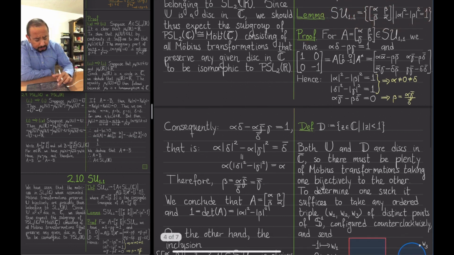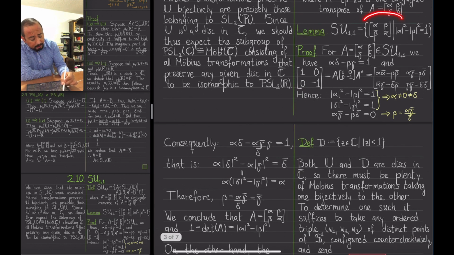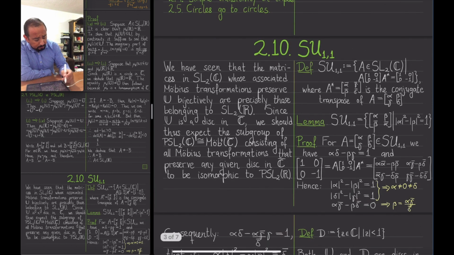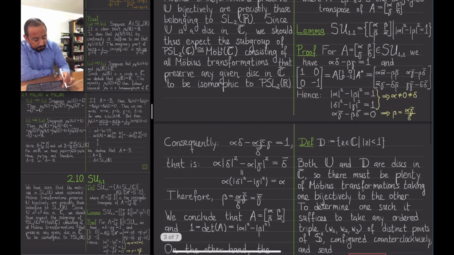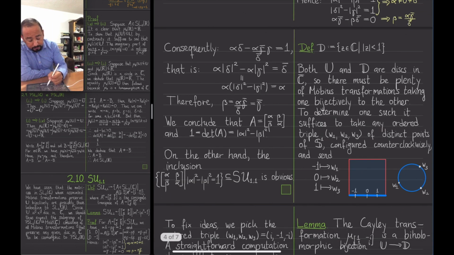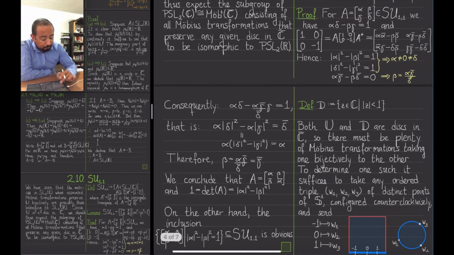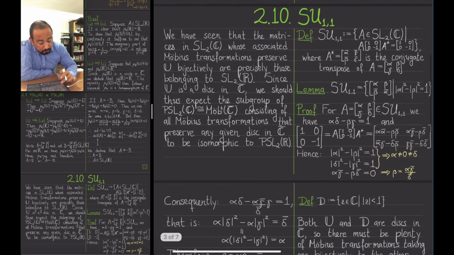But on the other hand, if you take any matrix here and you just plug into this, you just perform this operation, you obtain what you want. So the other inclusion is just obvious, right? It's straightforward. Okay, so now we have a more concrete grasp of SU(1,1).